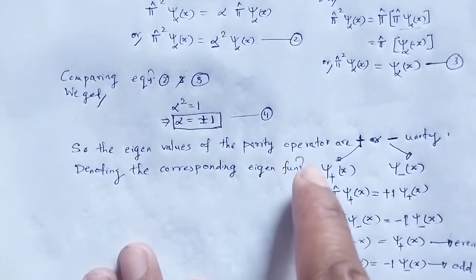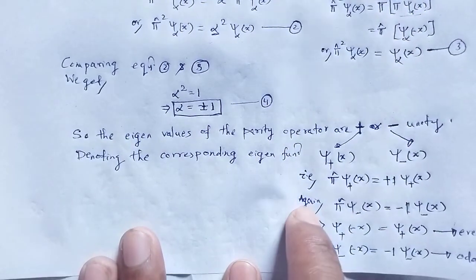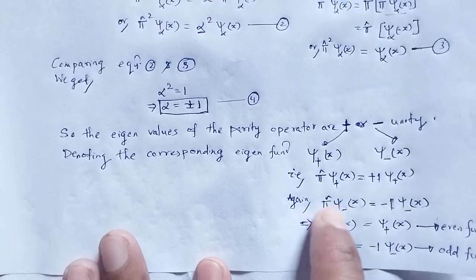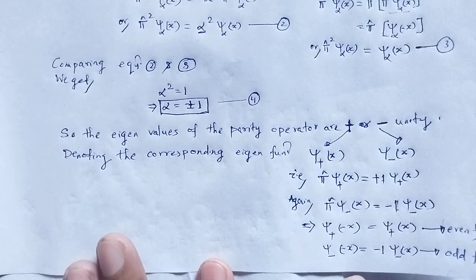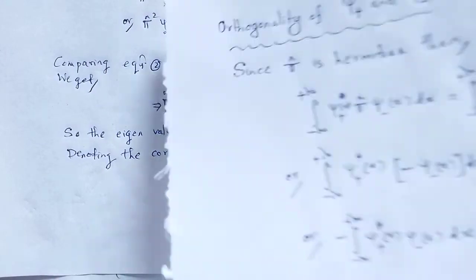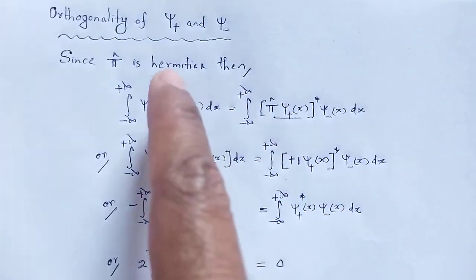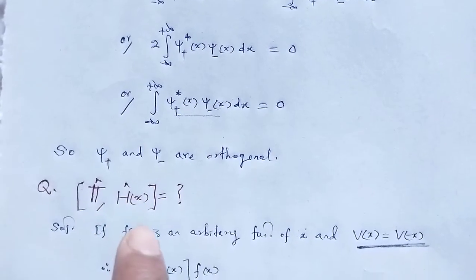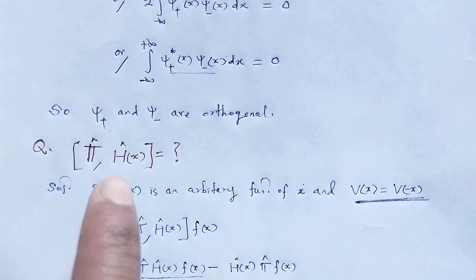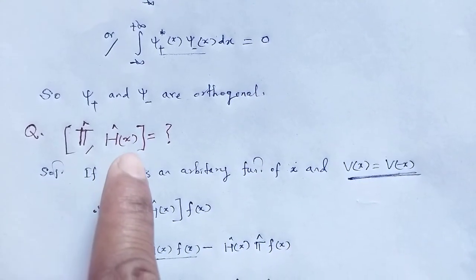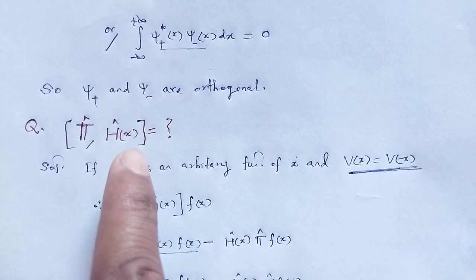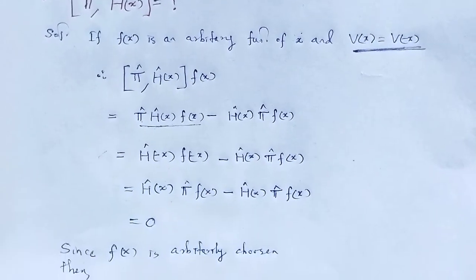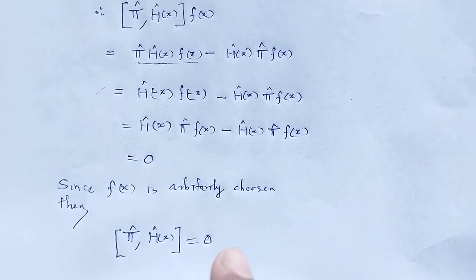This is the eigenvalue equation of the parity operator, and with that help we use the even function and odd function, then the orthogonality of psi plus and psi minus, and a question related to the parity operator, the commutation relation between the parity operator and the Hamiltonian operator, meaning these two commute with each other, since the result will be 0.